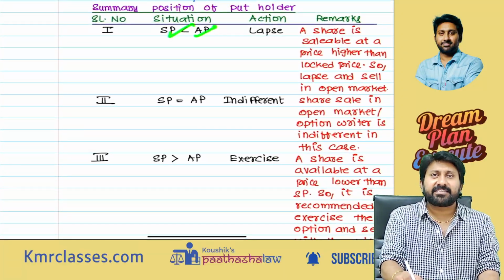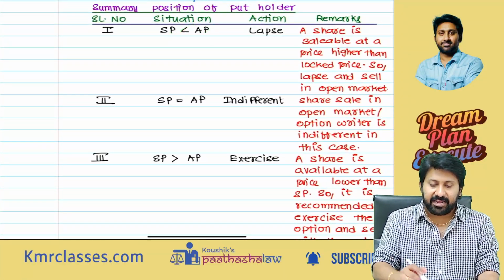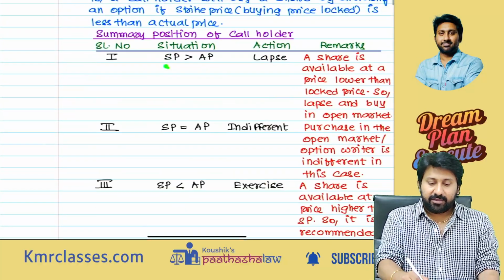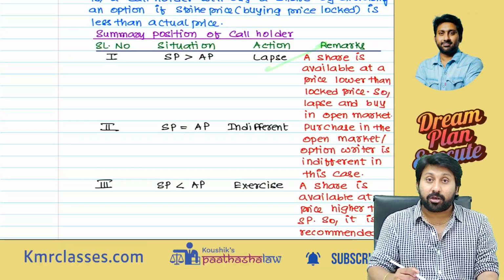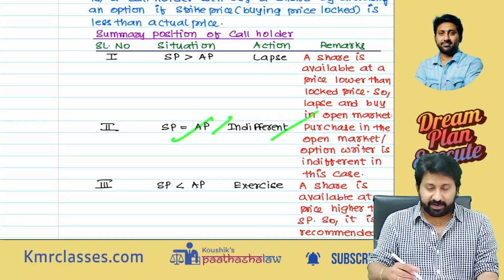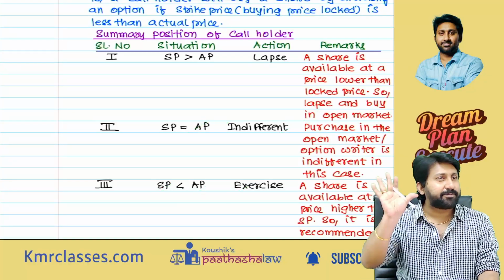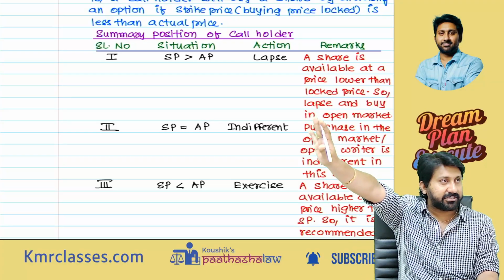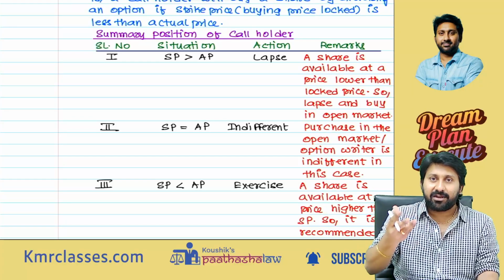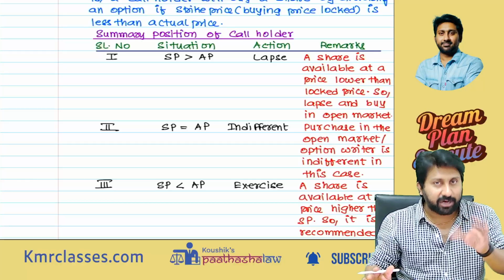First let us see for the call. If SP greater than AP, lapse for a call holder. SP equal to AP indifferent, SP less than AP exercise. Concept is very clear. SP is a price in my hand. AP is a price moving in the market which is not in my hand. So what is in my hand? I need to do and control on that.